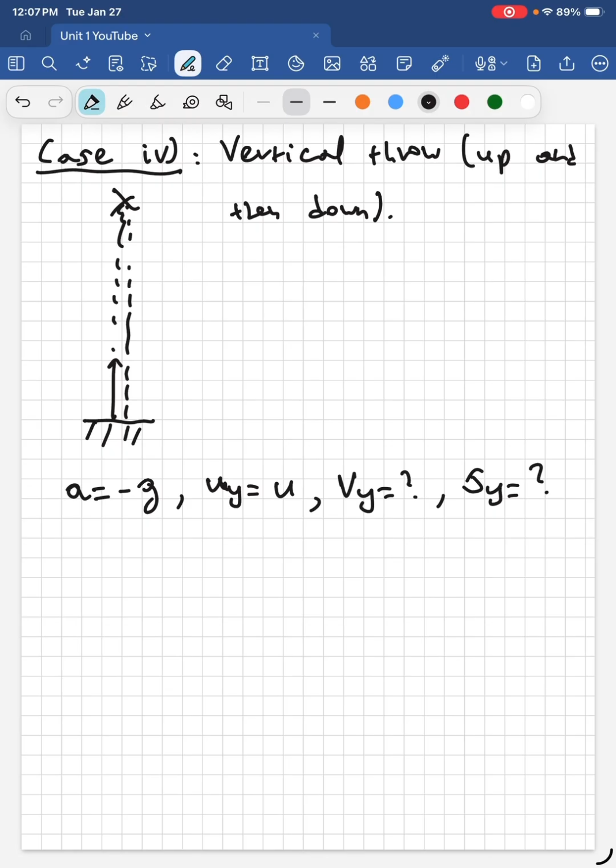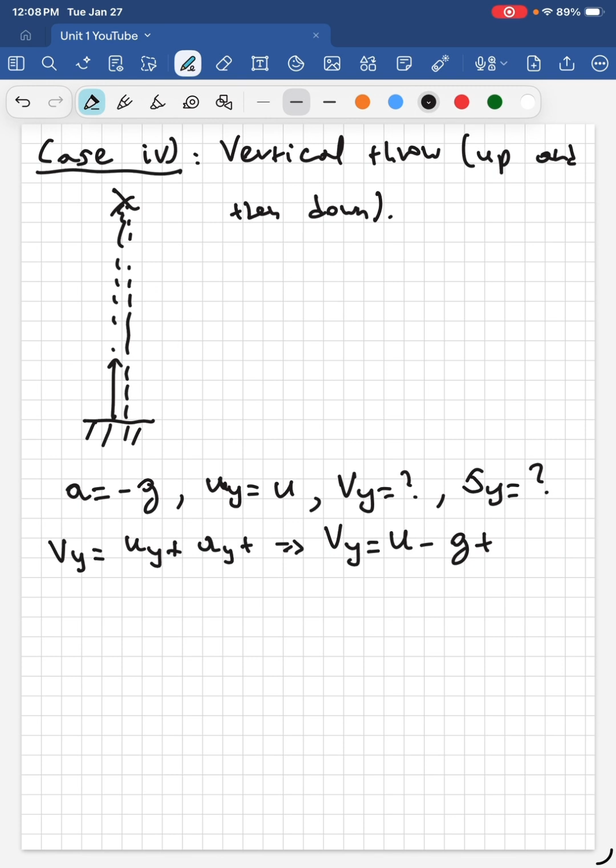So we can use v_y equals u_y plus a_y t to find that v_y is u_y, we call it just u, and then minus gt. So this is going to be the final velocity if we know the time and so on.